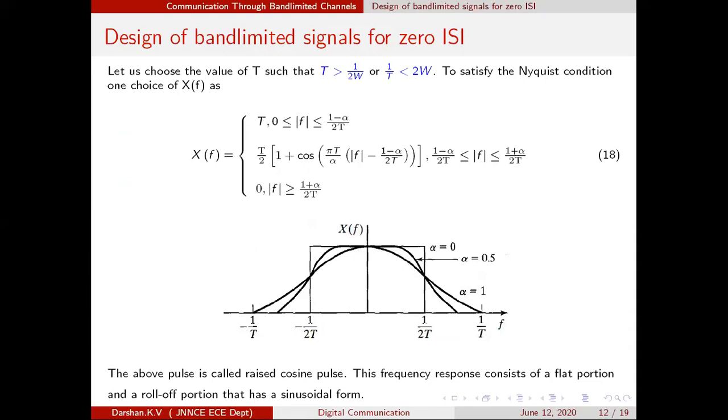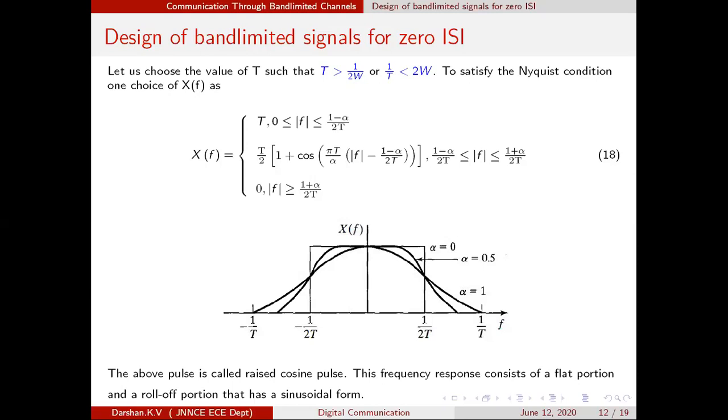Along with the increase in the bandwidth, there was a reduction in the symbol rate. So if you want to use the raised cosine pulse for achieving 0 ISI, you have to undergo two things. One is the increase in the bandwidth, and the other is the reduction in the symbol rate, or the signaling rate.